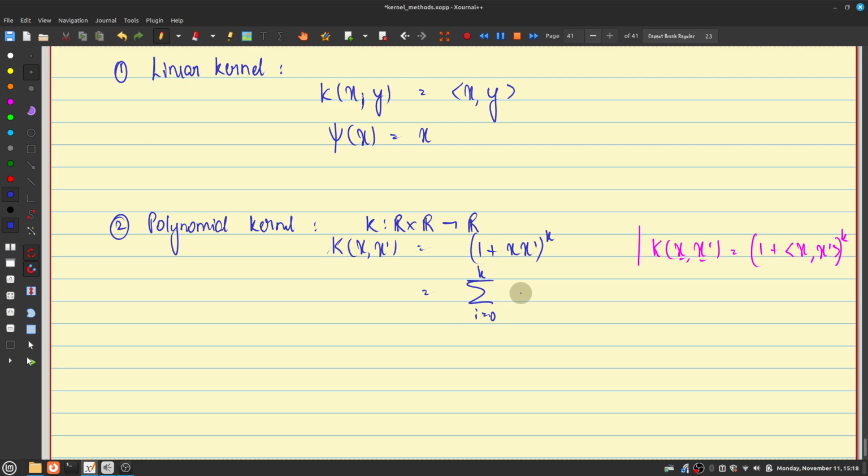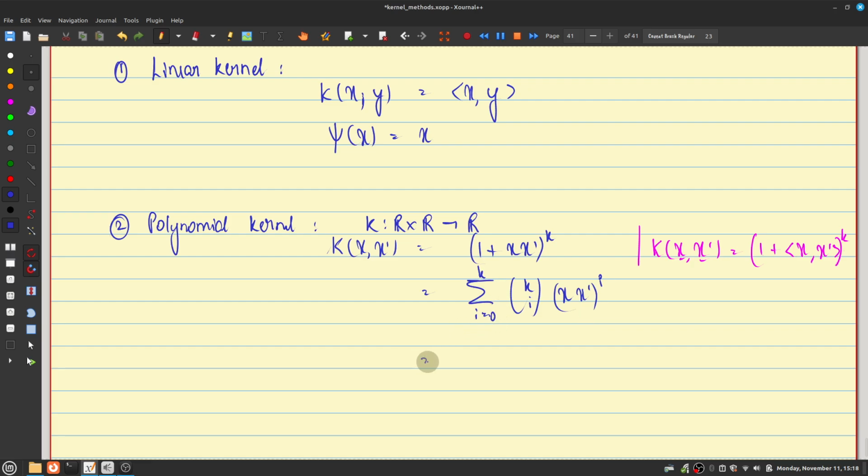What is the binomial expansion? It's going to be k choose i times this raised to the i times this raised to the k minus i, which is nothing but (x x prime) raised to the i. I want to write this as an inner product.